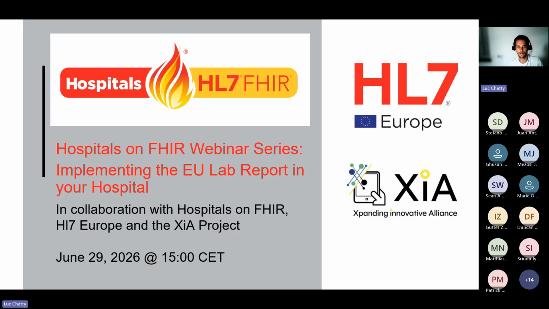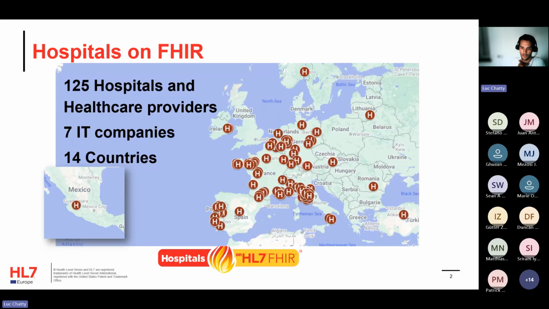The goal of today's webinar series episode is about the logical models. So as a reminder, but of course now you know it, Hospital on FHIR is an initiative by XiA Europe, which has more than 100 hospitals across Europe and covers 40 different countries.